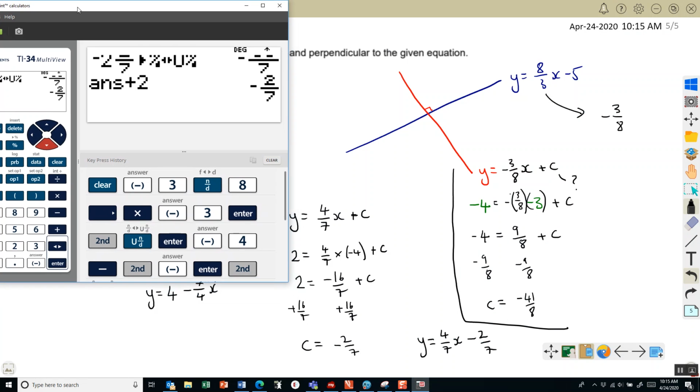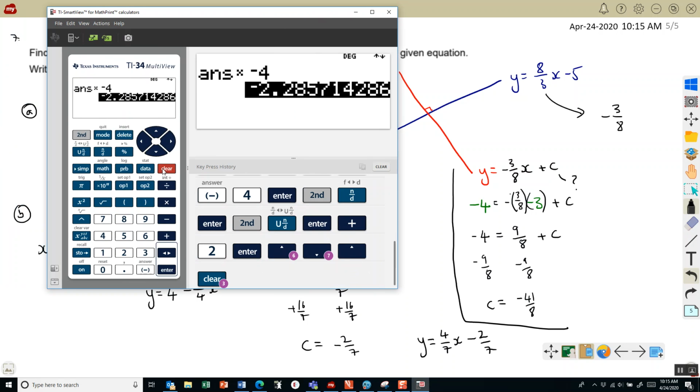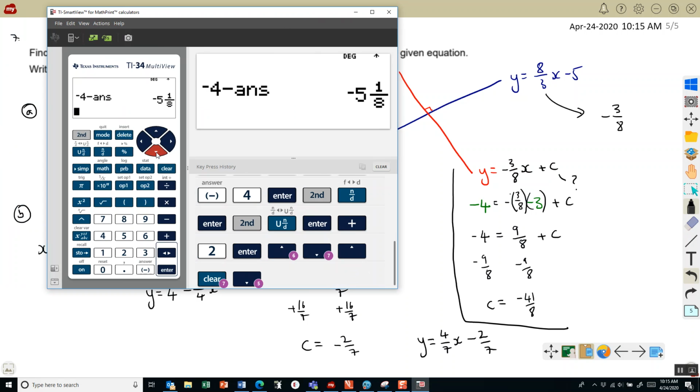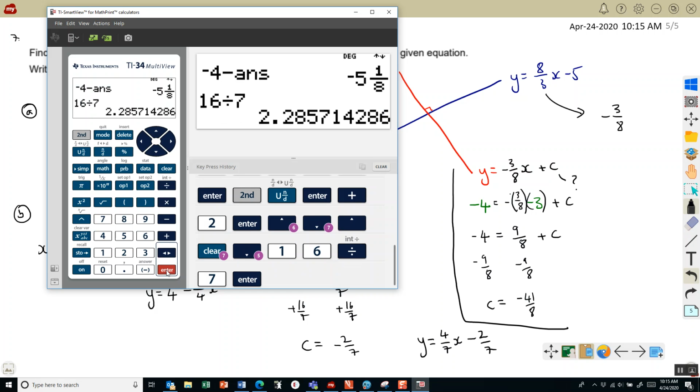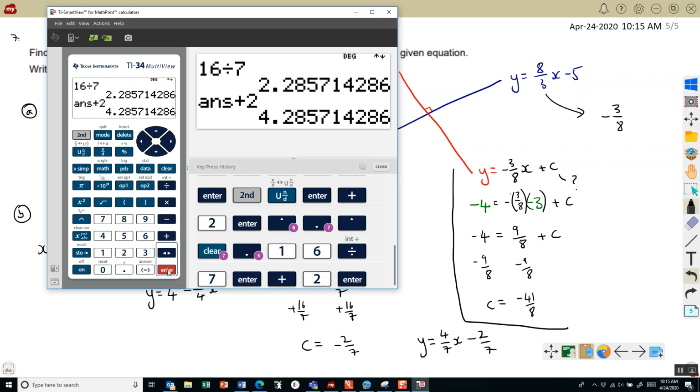Just on the calculator, I was doing 2 plus 16 over 7. So let me just do that again, because I think I may have put it in wrong. Okay, so let's just clear. So we had 16 over 7, which was this, and then we were adding 2 to it, which is this. Okay, this looks more like it.